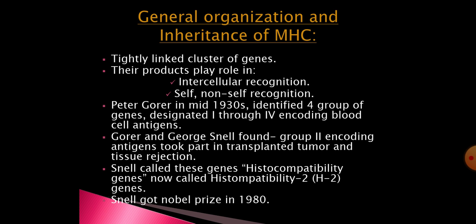And Snell called these genes histocompatibility genes, now known as H2 genes. For that, he also got a Nobel Prize in 1980. So, this was the part where we talked about the organization and inheritance of MHC.